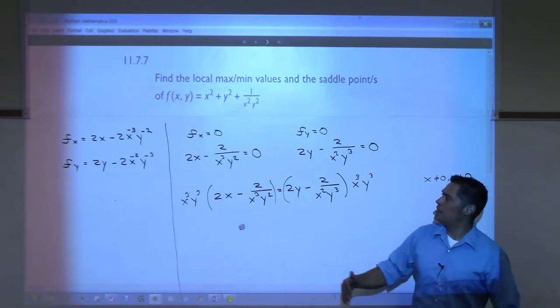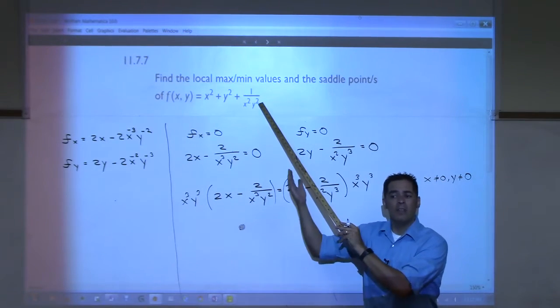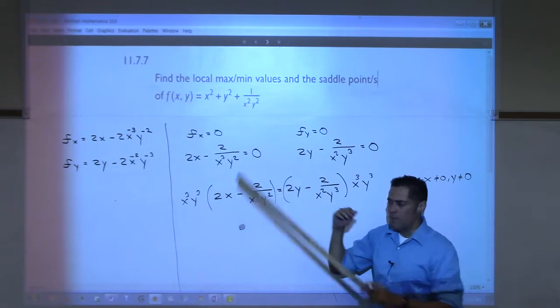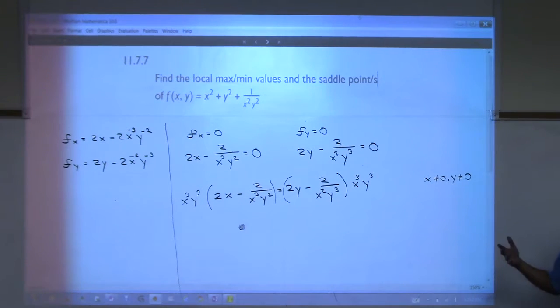It's okay, though, because x equals 0 and y equals 0 is not even in the domain of the original function. But it's just something to pay attention to, that later, especially in 11.8, we're going to run into this. You're going to have to pay a lot of attention to what you're limiting yourself to. You'll see. Let's go ahead and multiply through.